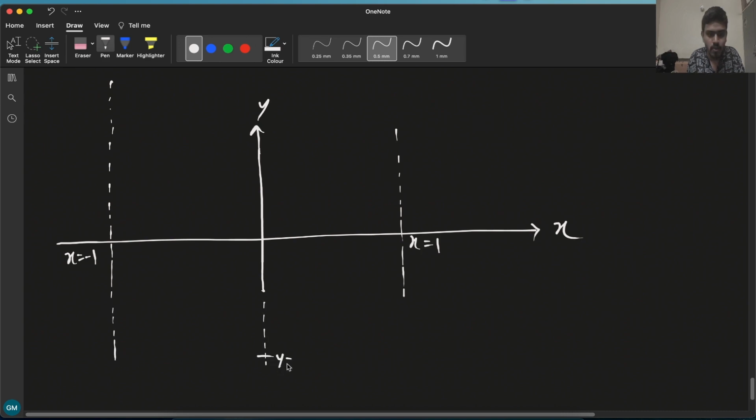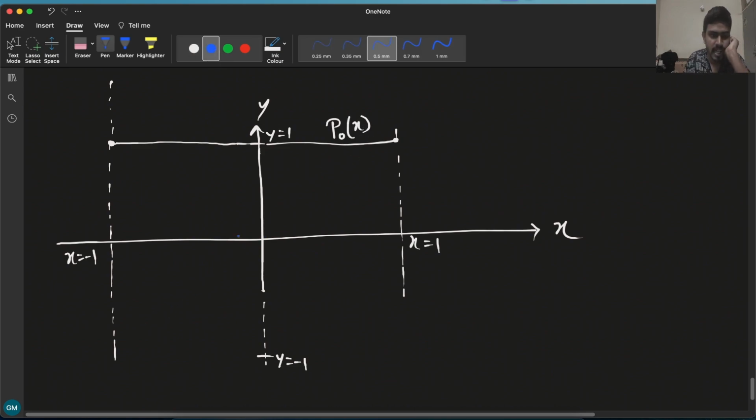This is, let's say, y equals minus 1, and this is y equals 1. So it is also well defined at plus minus 1. This is our P0(x). P1(x) is x, so it will be a straight line passing through the origin, and at x equals 1 all are 1. This is our P1(x).